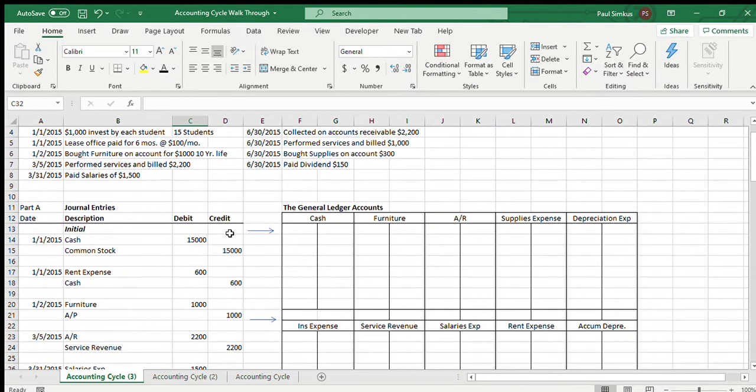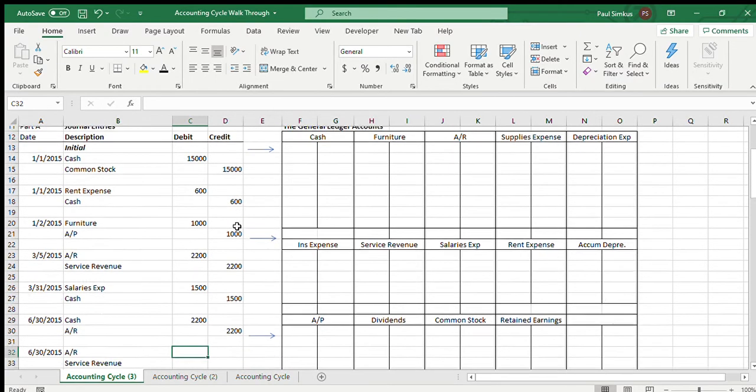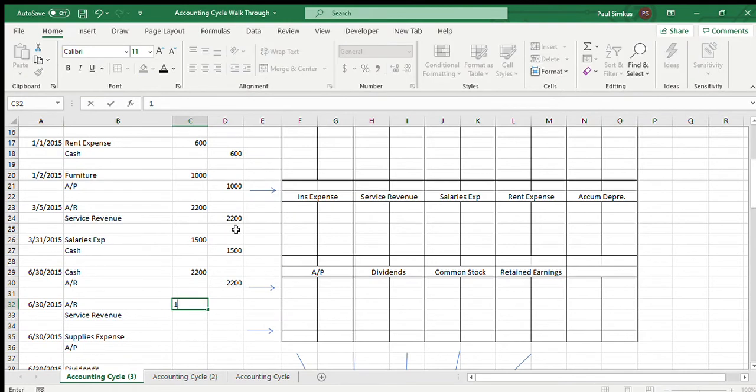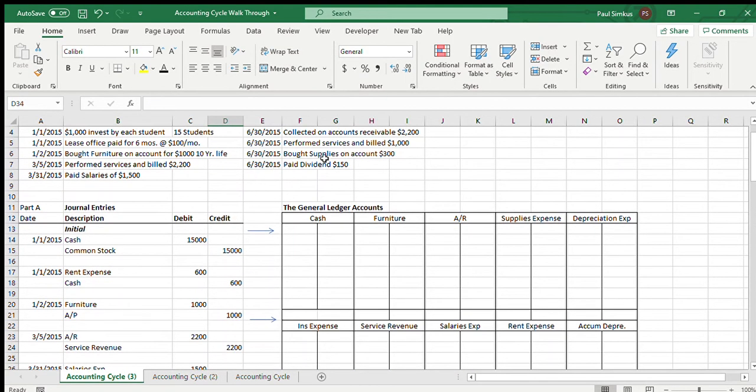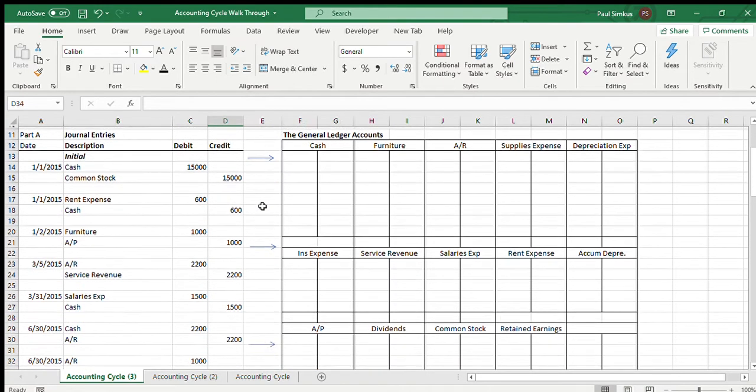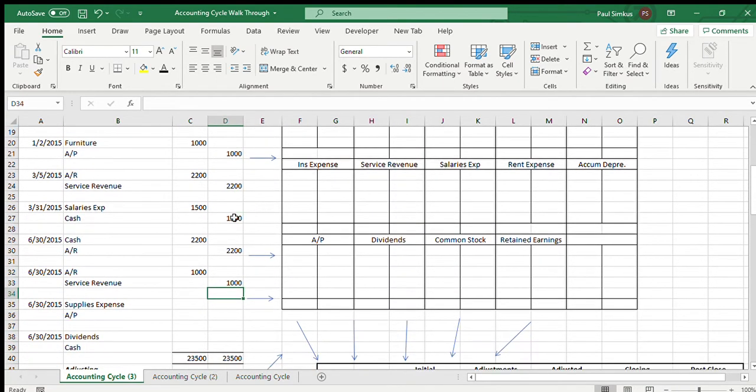You then perform more services, and you billed $1,000. So debit AR $1,000, credit service revenue $1,000. You purchase some supplies for $300. Now we're going to assume that you use them all in the year, so we're not putting them in inventory, just supplies expense.